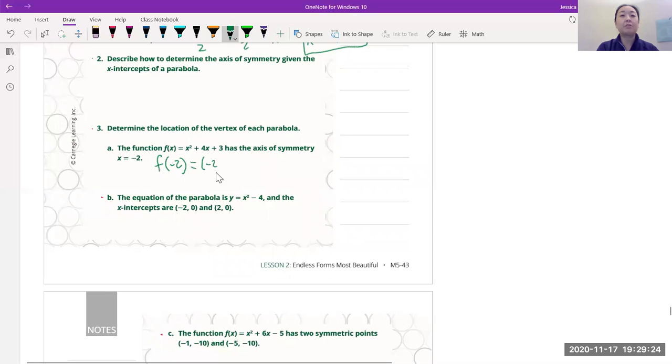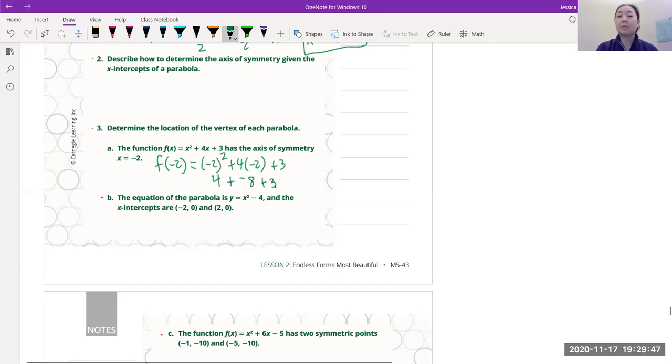So we go -2 squared plus 4 times -2 plus 3. Exponents first, -2 squared is 4, plus this is going to be -8, and then plus 3. I suppose I could have put a minus, but I already put down a plus, so I was committed to that. So 4 minus 8 is going to be -4.